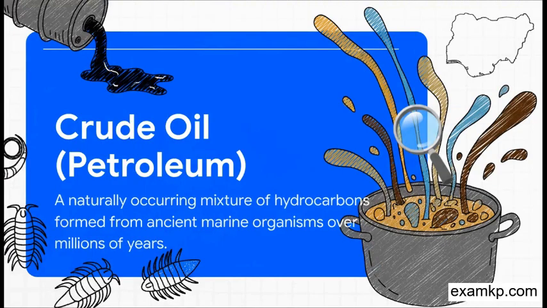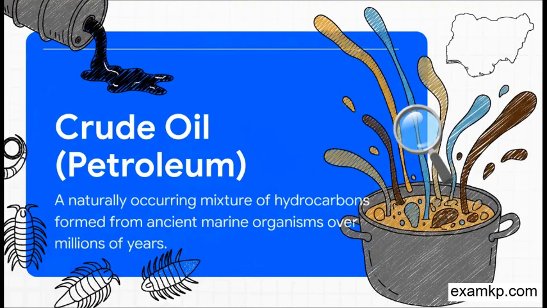It's a super complex mix of thousands of different compounds called hydrocarbons. Just think of it like a really complicated soup. You wouldn't just drink the whole pot, would you? Nah, you've got to separate the ingredients. And that's exactly what we have to do with crude oil to get all the useful stuff we need every single day.